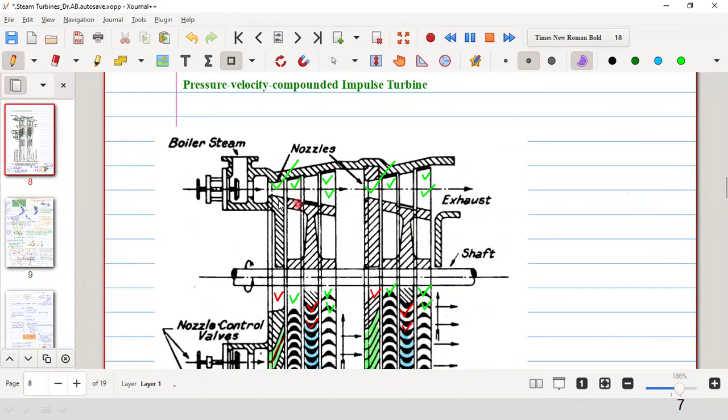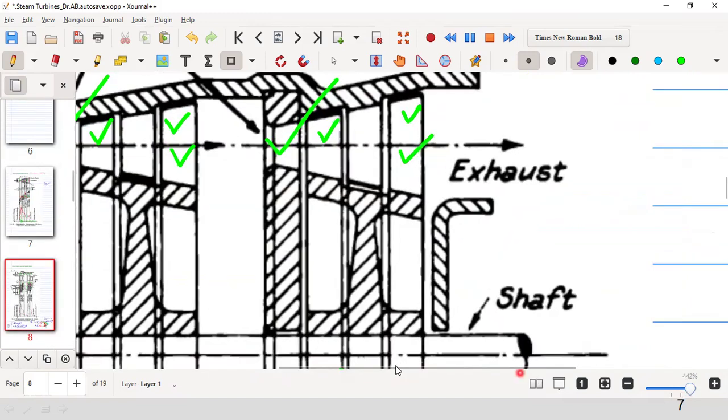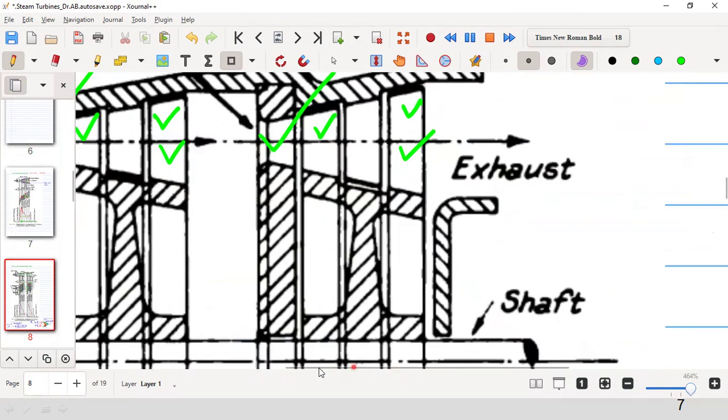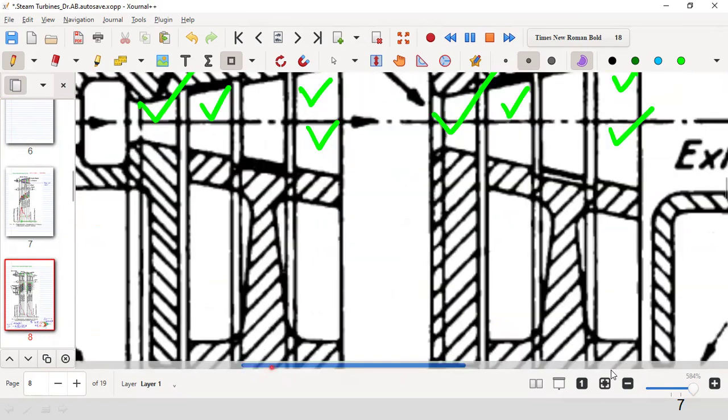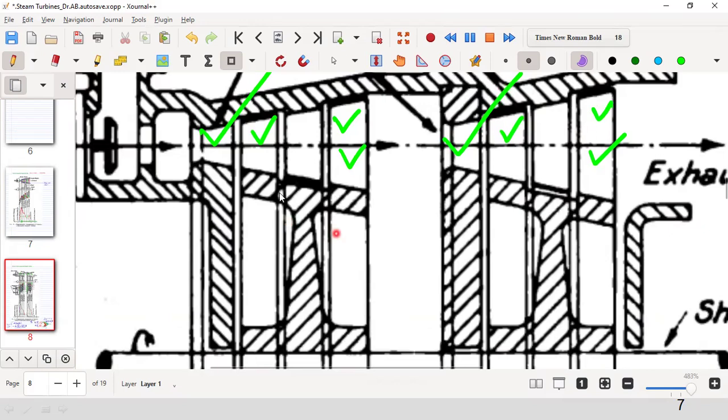This shaded or hatched component is called the wheel, and on this you can see green tick 1 and green tick 2, these two are the 2 rows of the blades. So this is called a 2 row wheel.